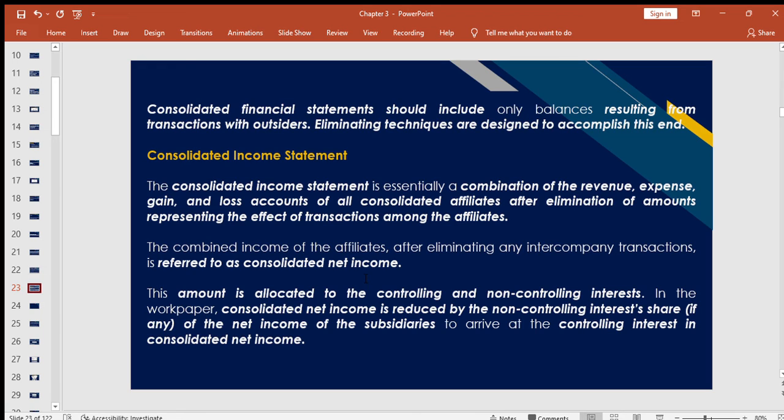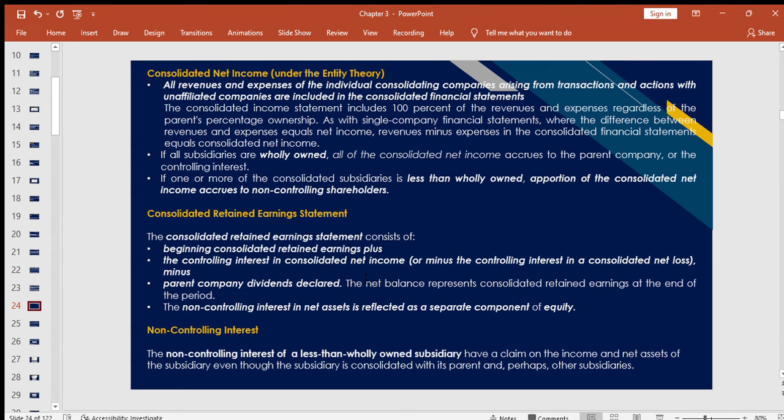Consolidated net income is reduced by the non-controlling interest share of the net income of the subsidiaries to arrive at the controlling interest in consolidated net income. Under the entity theory, all revenues and expenses of the individual consolidating companies arising from transactions with unaffiliated companies are included in the consolidated financial statements.